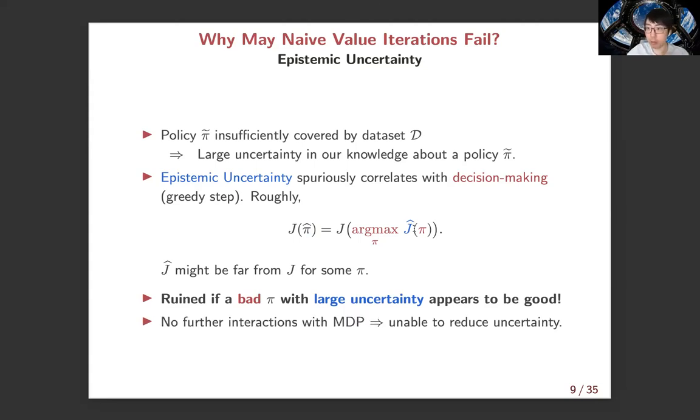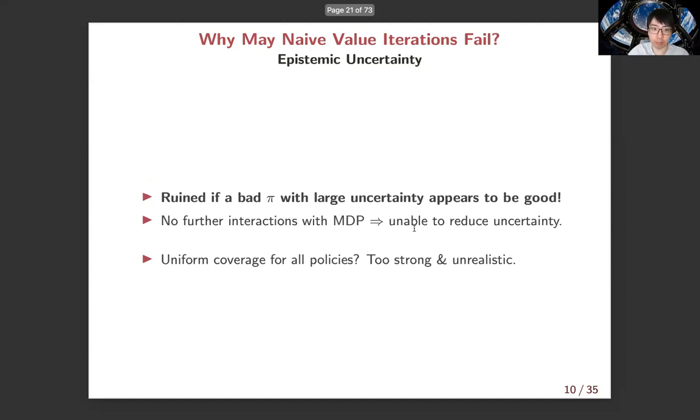Because we do not have further interaction with the MDP, we cannot reduce this type of uncertainty. And then the idea is that we have to be robust against this type of uncertainty to obtain a relatively good policy. So in the classical literature, the usual assumption that gets rid of this type of spurious correlation is the assumption that we have a uniform coverage for all policies.